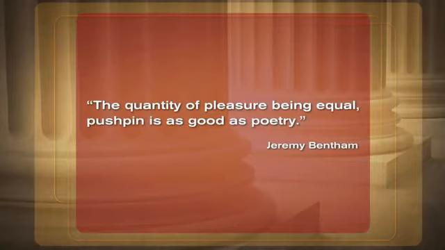He had a famous phrase to express this idea: the quantity of pleasure being equal, pushpin is as good as poetry. What was pushpin? It was some kind of a child's game, like tiddlywinks. Pushpin is as good as poetry, Bentham says. And lying behind this idea, I think, is the intuition that it's a presumption to judge whose pleasures are intrinsically higher or worthier or better.